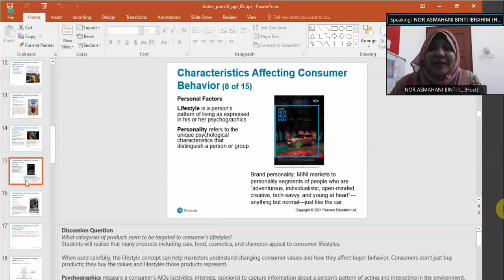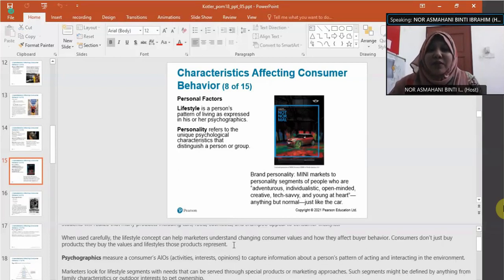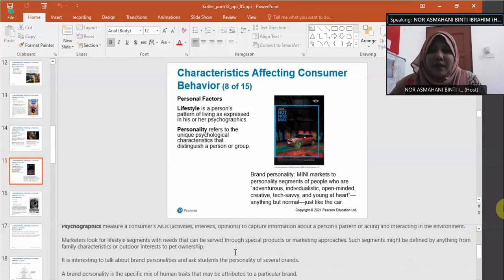Perkara-perkara yang, I mean the factors yang menentukan, right? The brand or the taste, goods, product and services they bought, personality they have. Right? You have your own personality, right? Characteristics that you want to make you look different from others, right?